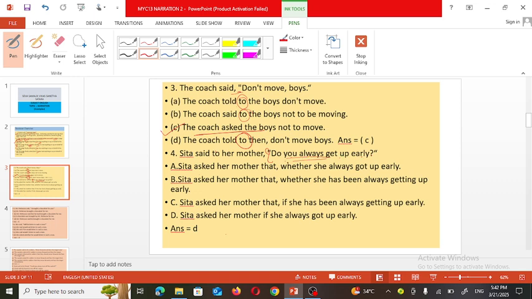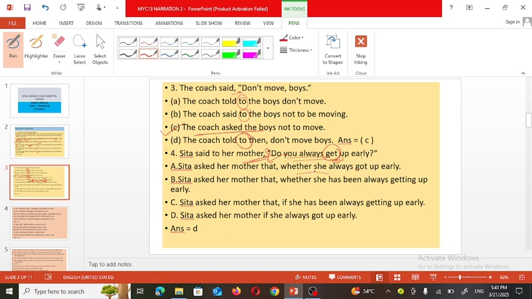But as this is the routine of her mother, a universal truth, remember, there is no need to change the tense. Only as the dialogue is in question form, we need to change it into assertive form. So how will the sentence be in indirect speech? Sita asked her mother if she always got up early. So where is got up used? In option B it is used.